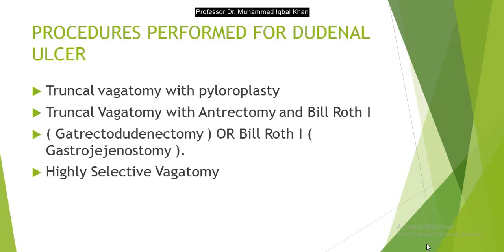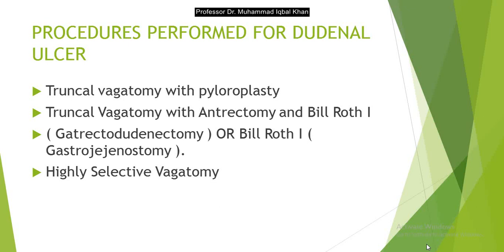The procedures which are performed for duodenal ulcer are truncal vagotomy with pyloroplasty, truncal vagotomy with antrectomy, and the Billroth 1 procedure. Billroth 1 is the procedure in which we do a partial gastrectomy. The distal stomach is removed and it is anastomosed with the duodenum.